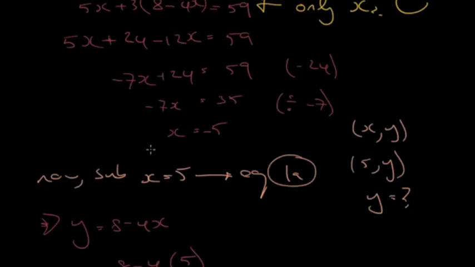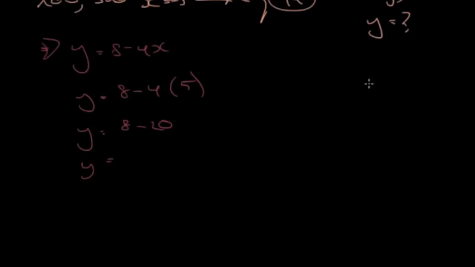So y equals, negative 5. Negative 5 plus 20, y equals 28.